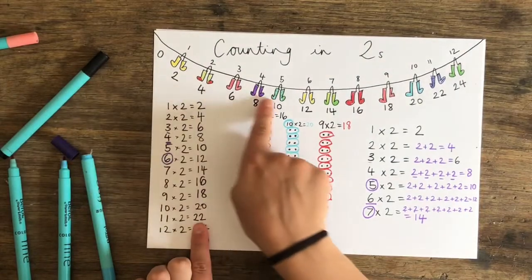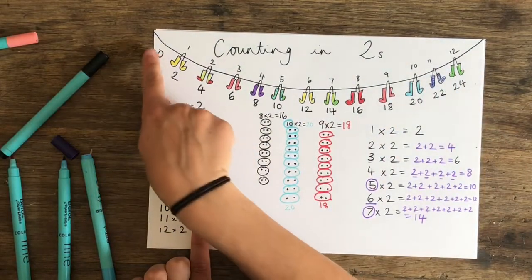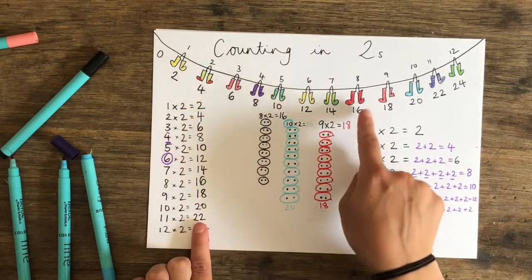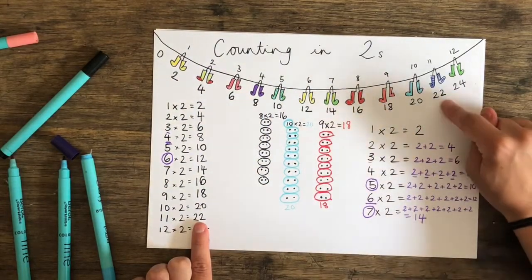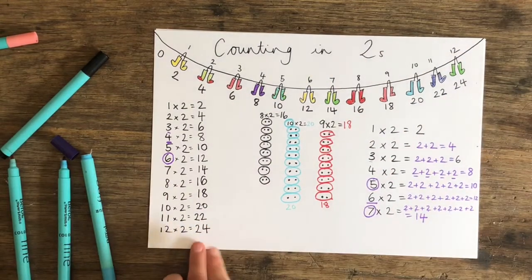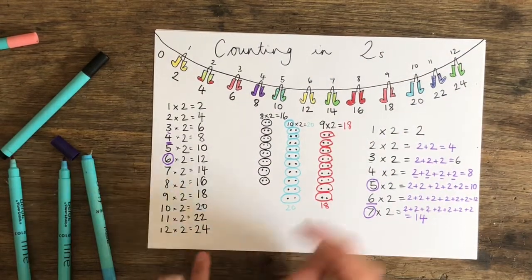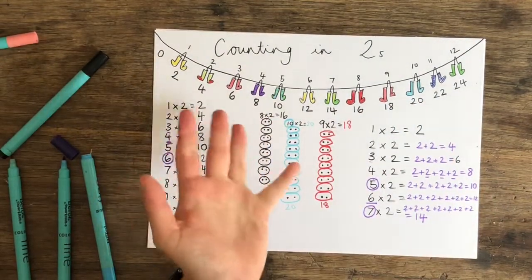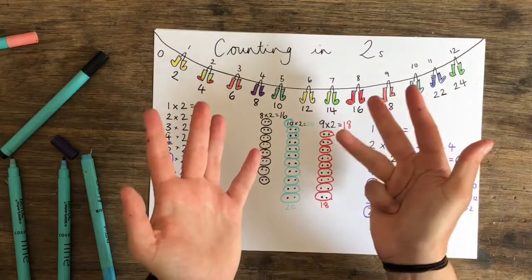So how many socks do I have in total? 0, 2, 4, 6, 8, 10, 12, 14, 16, 18, 20, 22, 24. So 12 times 2 is 24. You can use your fingers. 0, 2, 4, 6, 8, 10, 12, 14, 16, 18, 20.